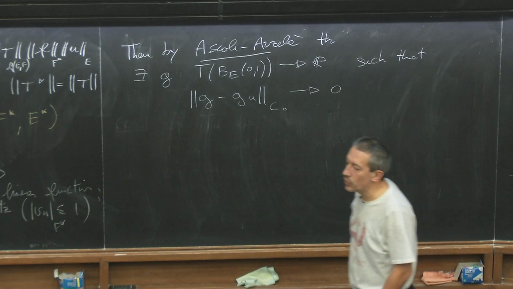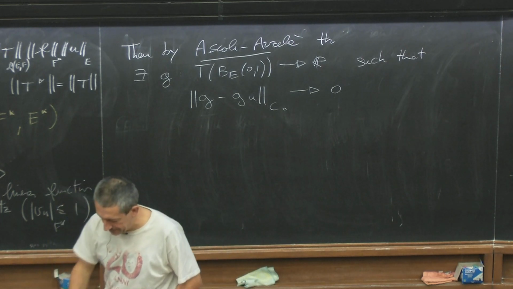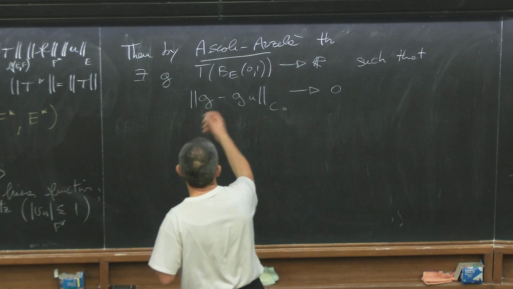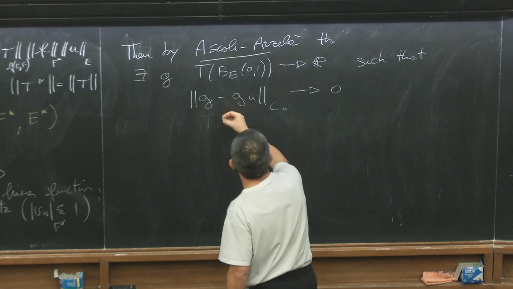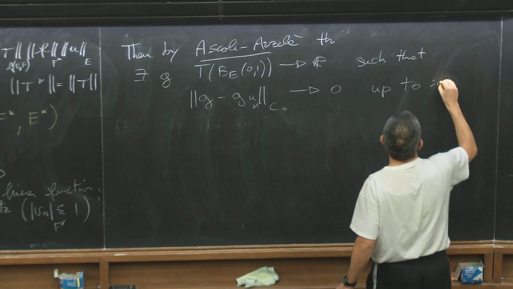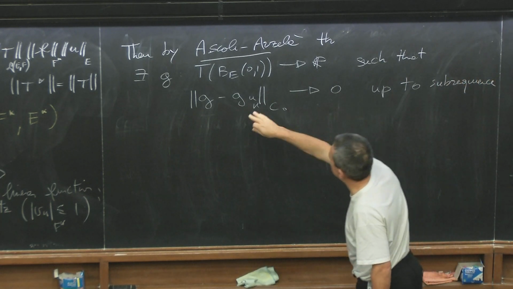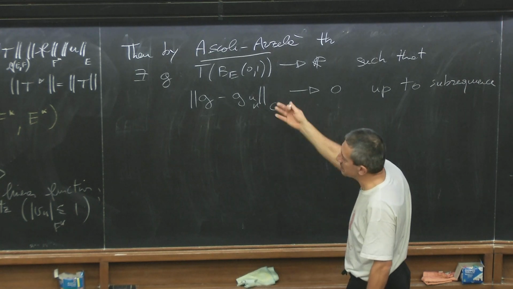Okay, so let's see what this G is. This is up to a subsequence, n_k. So we take a subsequence and then there exists a convergent subsequence.